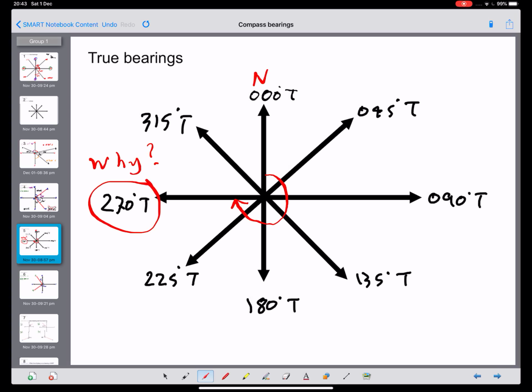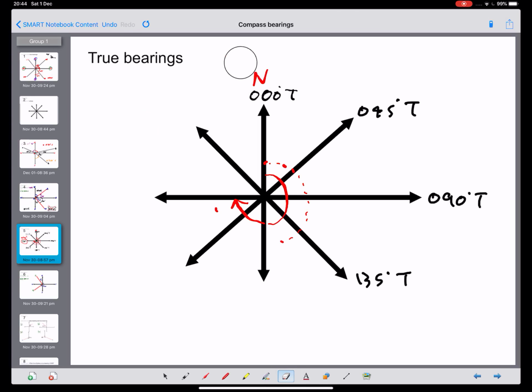If we measure clockwise here and go around, 90 degrees, 180, 270. Okay, that should be pretty straightforward. Nothing complicated about this. Let's do one more example before we move on.